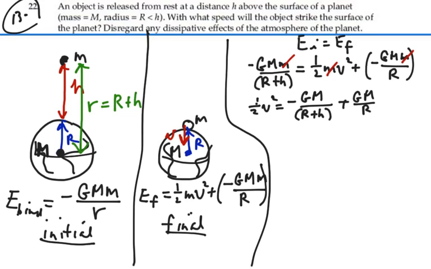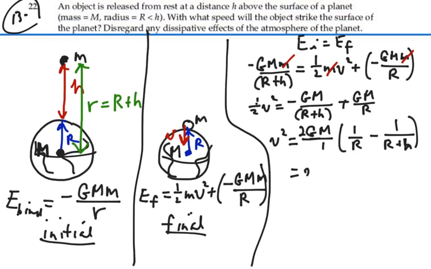So we would have that the velocity squared is going to equal G big M over 1 times 2 times 1 over R minus 1 over R plus h. I want to find a common denominator for my two fractions.